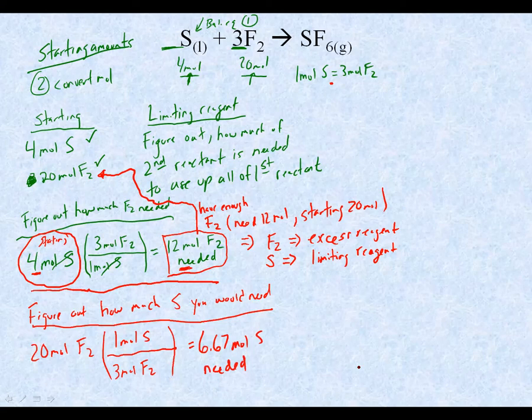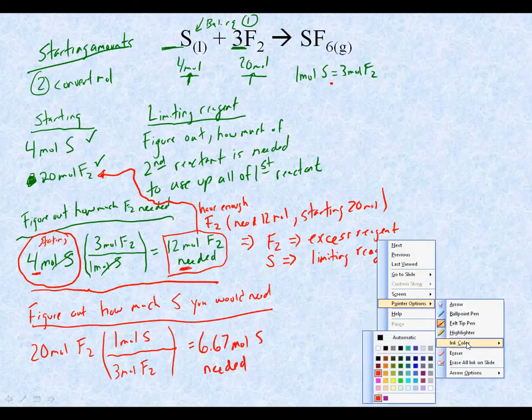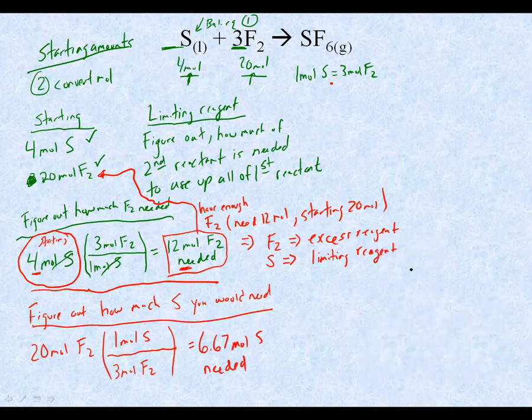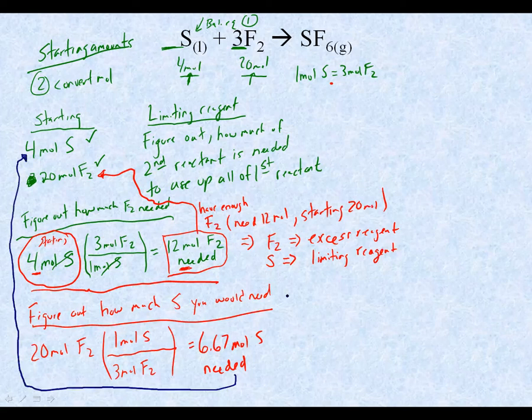And again, what that number represents is how many moles of sulfur would be needed to use up the fluorine that we started with. So again, if you chose this calculation, when you're done, you would come back to your starting amount.